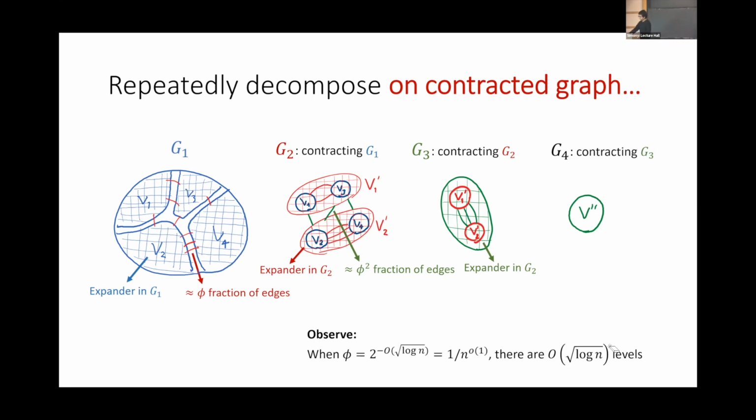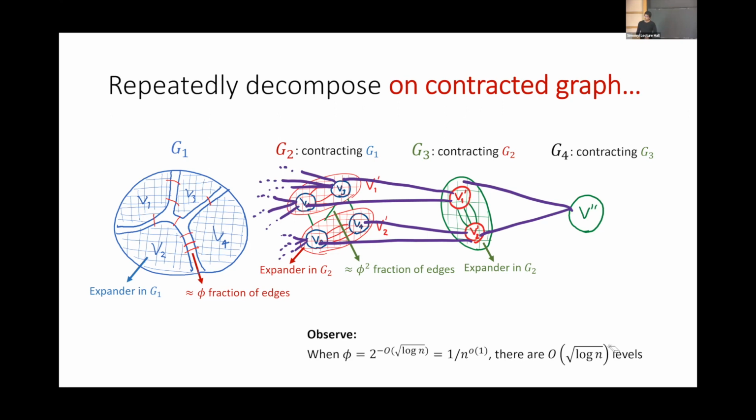But anyway, from this you get a natural tree, right? For any node, if it is contracted into a cluster, then you create an edge between them.